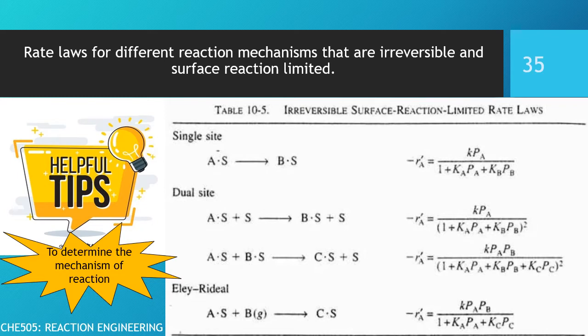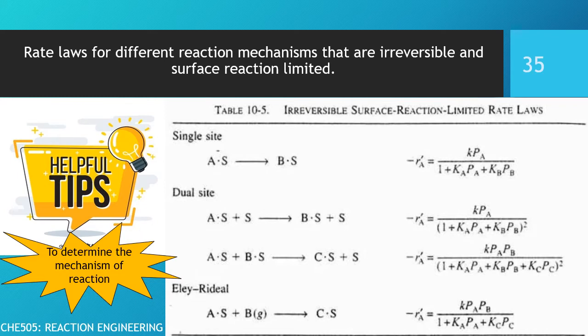This is a very helpful tip for you to determine how the reaction occurs. Usually, in certain problems you will have the mechanism, but in certain problems you will be given the overall rate law equation, and it's only stated that the reaction is surface reaction limited.